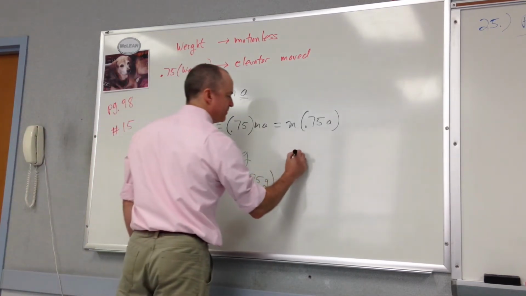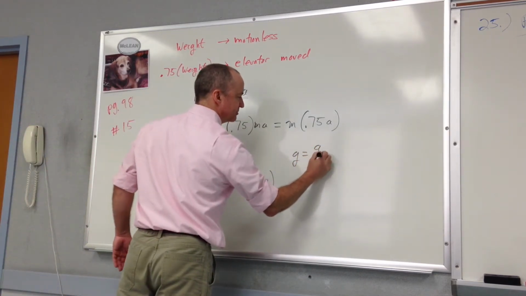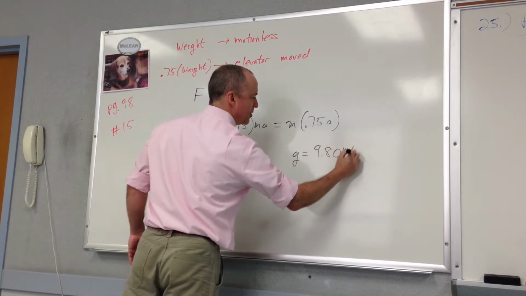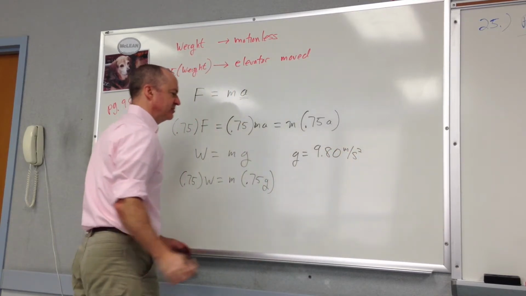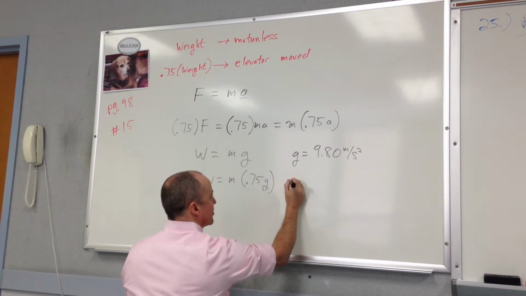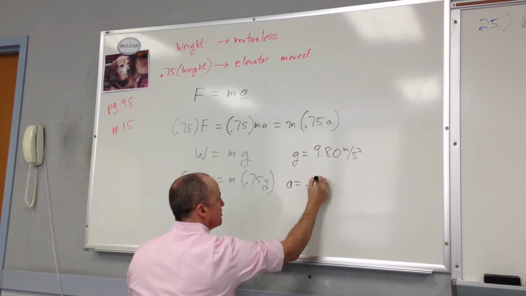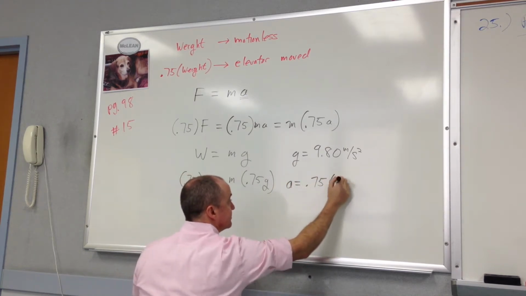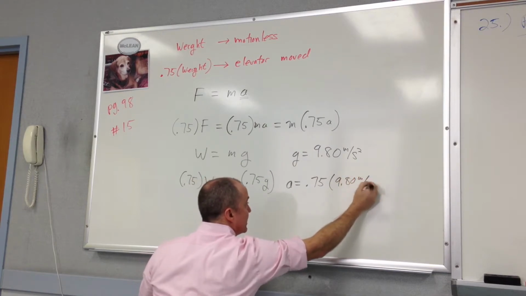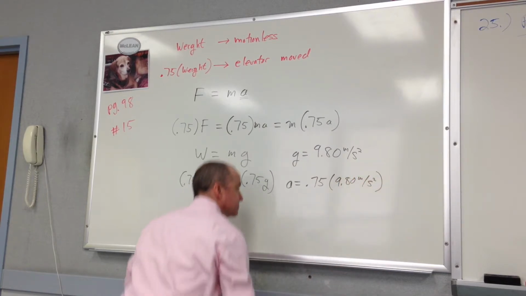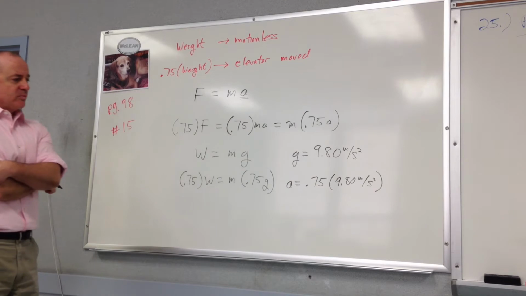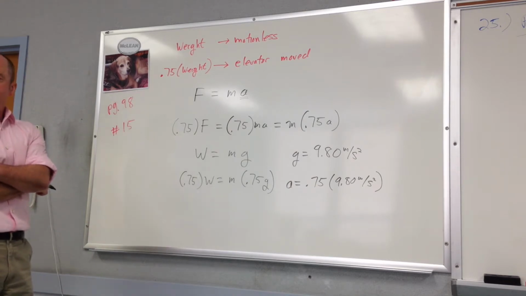What's gravity equal in metric? 9.8, we usually say 9.80 meters per second squared. So this guy's acceleration was 0.75 times 9.80 meters per second squared. What is that number? Who's got a calculator handy?